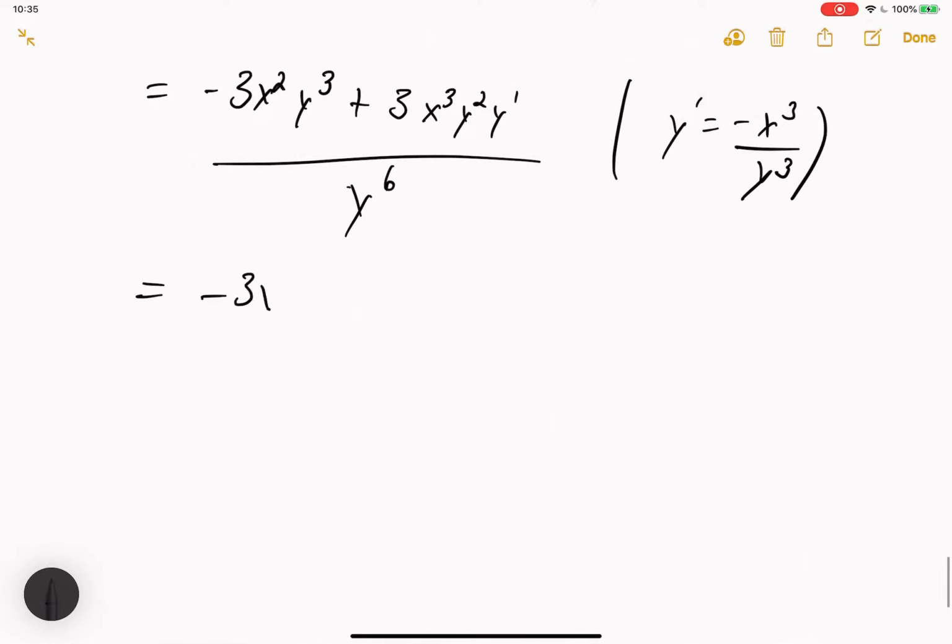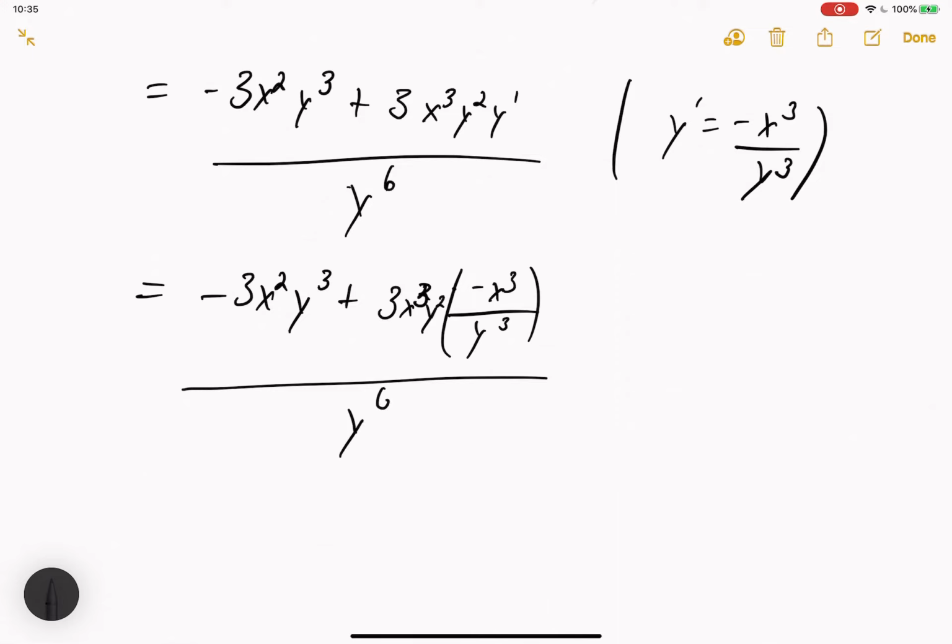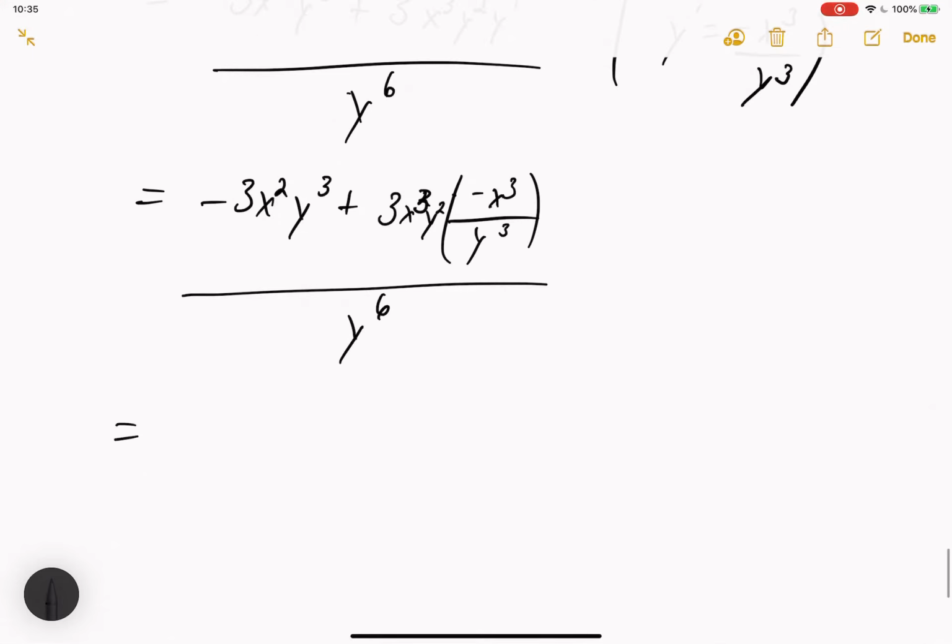What we get is negative 3x squared y cubed plus 3x squared times negative x cubed divided by y cubed. That was 3x cubed times y squared times all this, divided by y to the 6th. And then let's go ahead and simplify a bit.